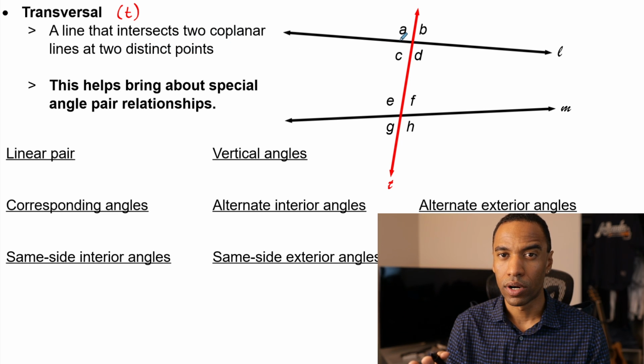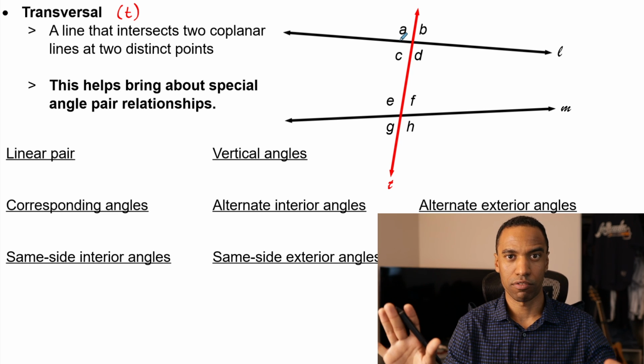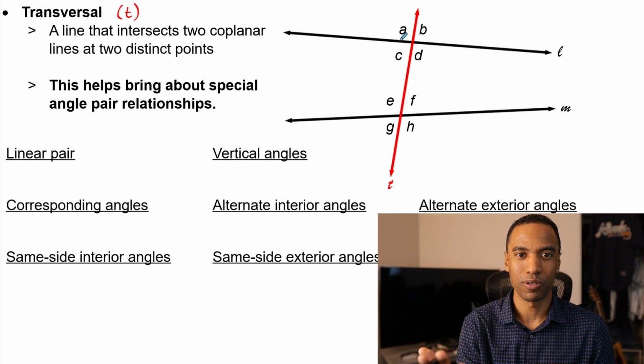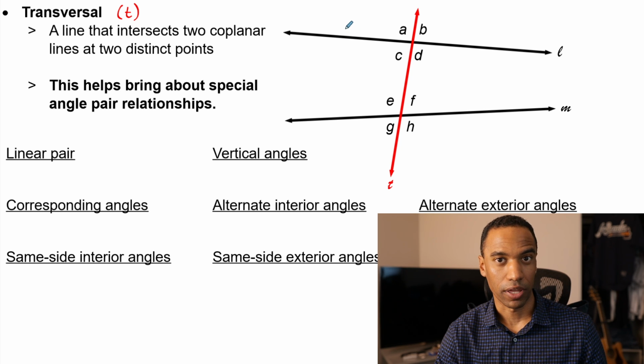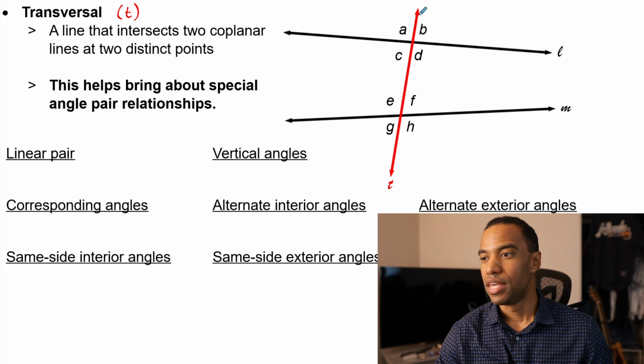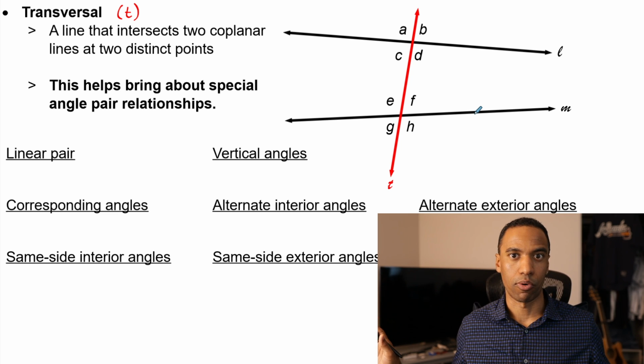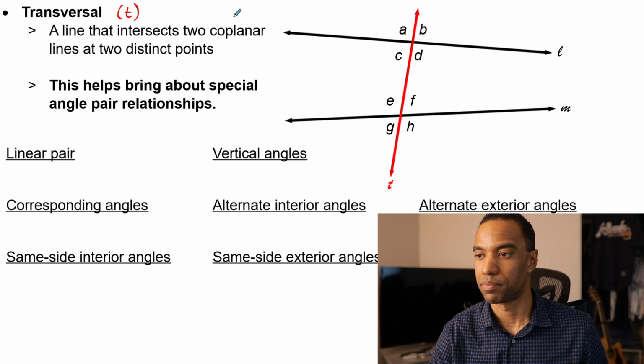A lot of weird words, but basically coplanar means on a flat surface, like a piece of paper, your computer screen, or your phone screen, or whatever you're watching this on. Those are coplanar lines. This line intersects this line and this line at two distinct points, meaning at two different points. Right?